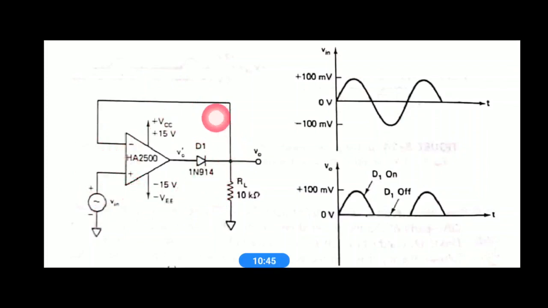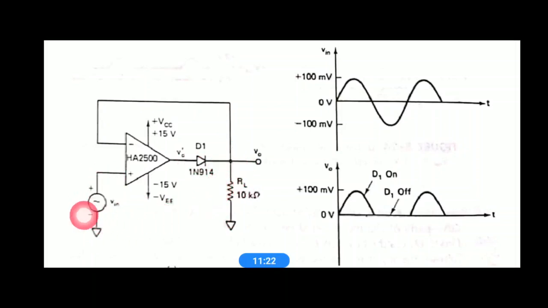We know that in a voltage follower, the output is equal to the applied input. So for 1 millivolt you will get 10 volt, which makes the diode forward biased. When the diode becomes forward biased, the output voltage is the same as the input: 1 millivolt gives 1 millivolt.